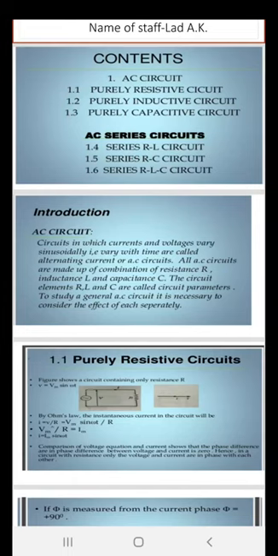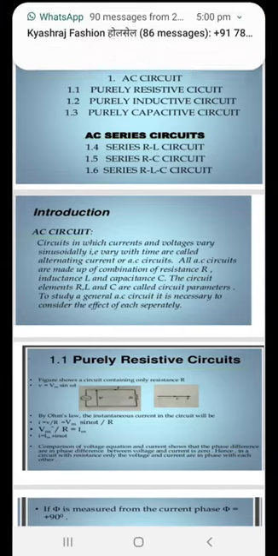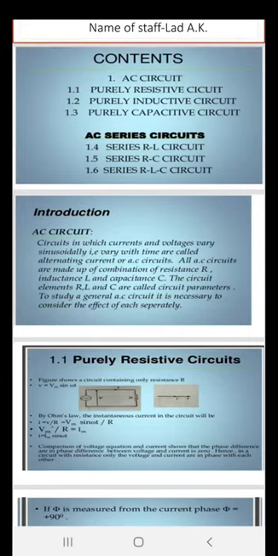By Ohm's law, the instantaneous current in this circuit, small i, is equal to V by R. V means voltage, R means resistance, so i is equal to Vm sin omega t by R. Vm by R is equal to Im, so small i is equal to capital Im sin omega t.